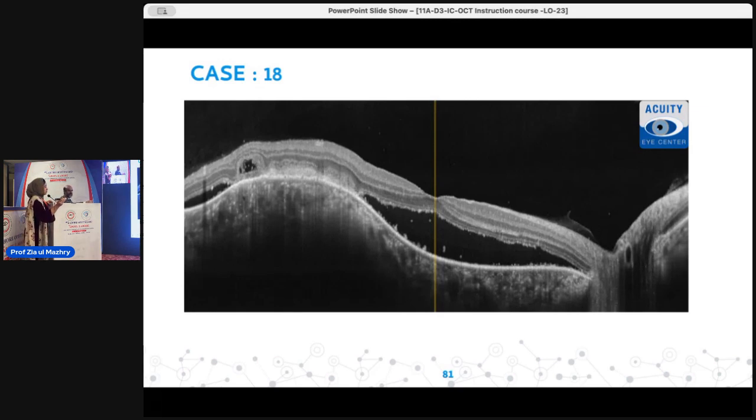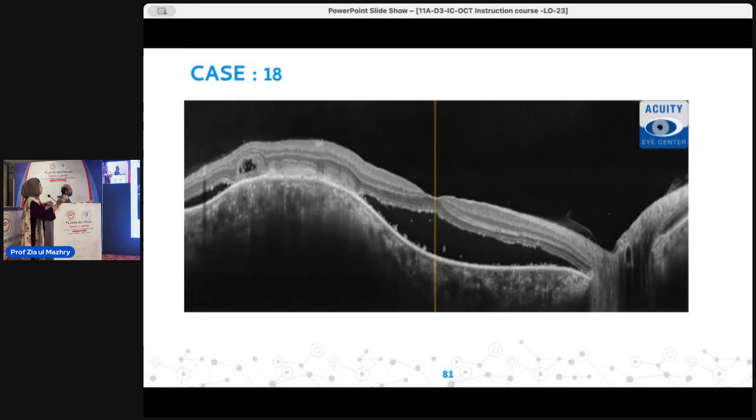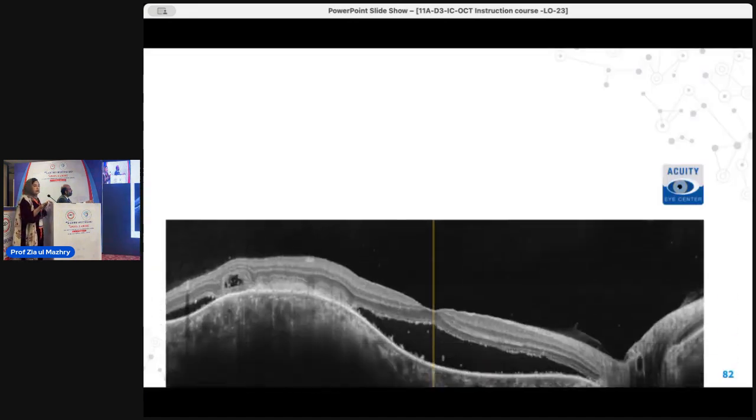OCT पे there is a dome shape elevation over here with exudation of the fluid. So मतलब हमें जो diagnosis इसका लगा that was a choroidal tuberculoma here. This is an inflammatory process. Tuberculoma है ये. ये regular नहीं है जो contour होना चाहिए था, यहाँ से ये elevation हुई है, ये भी एक choroidal mass है. बाकी clinical history और correlation करेंगे तो हम diagnosis की तरफ जाएंगे.